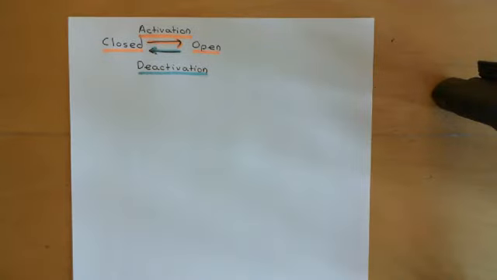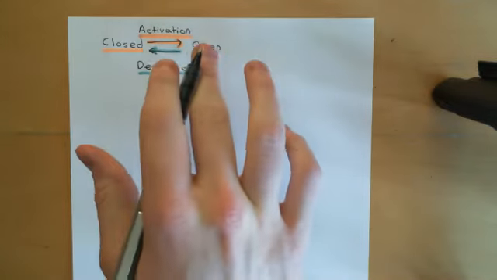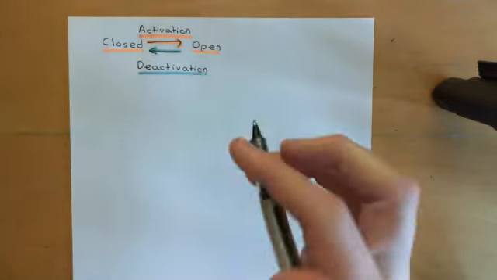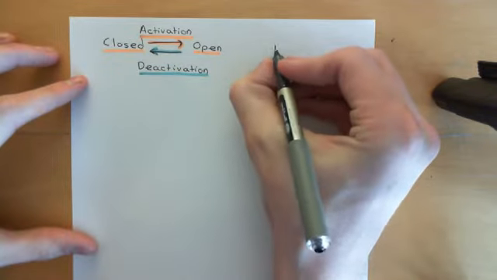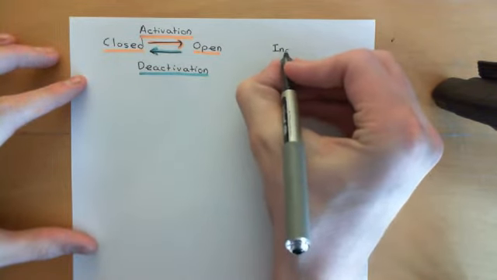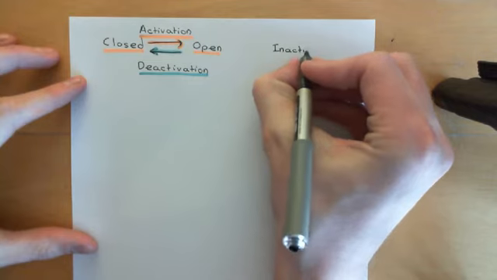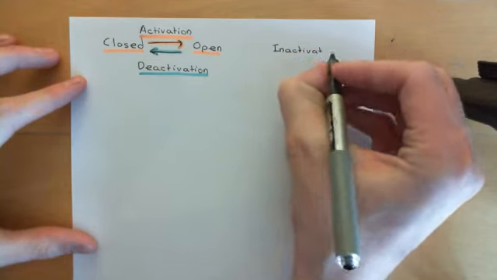Okay, we've then talked about the fact that if you keep the electrical potential difference across the cell membrane depolarized at the threshold potential for a long period of time, then the channel will not just remain in the open state. It will go into a third state called the inactivated state, and we've talked about how there are two actual different mechanisms of inactivation.